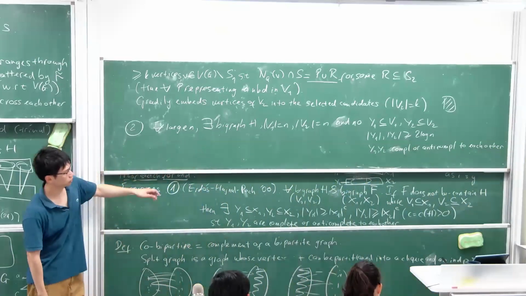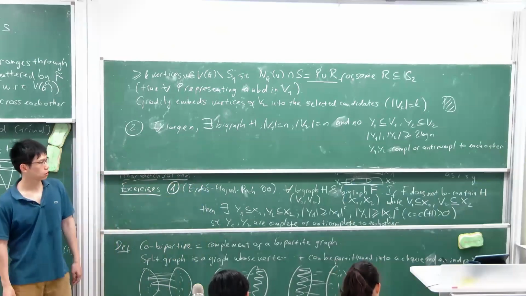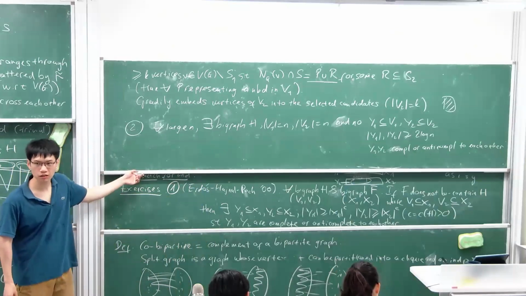This is just done by taking a random bigraph. If you're familiar with the first moment method, then it should not be a big problem.